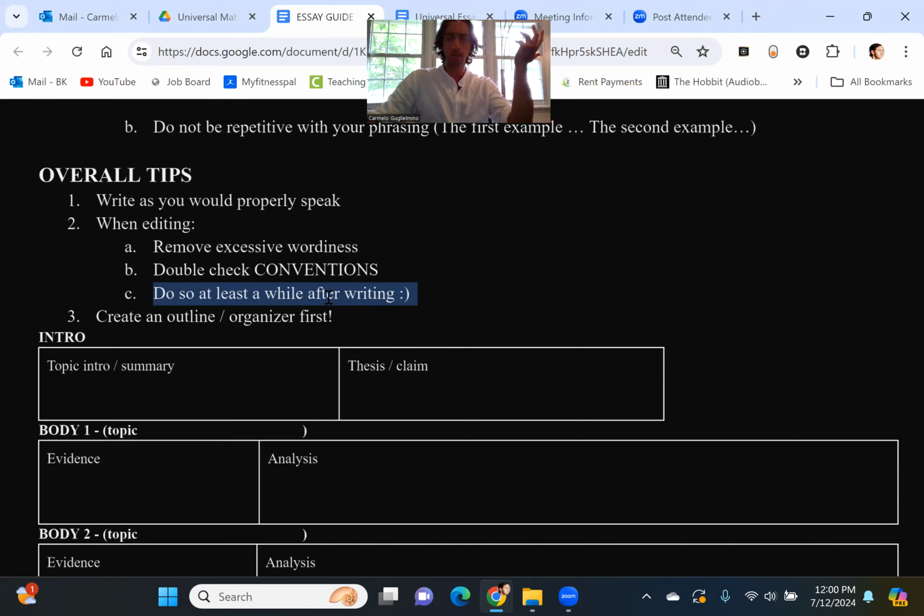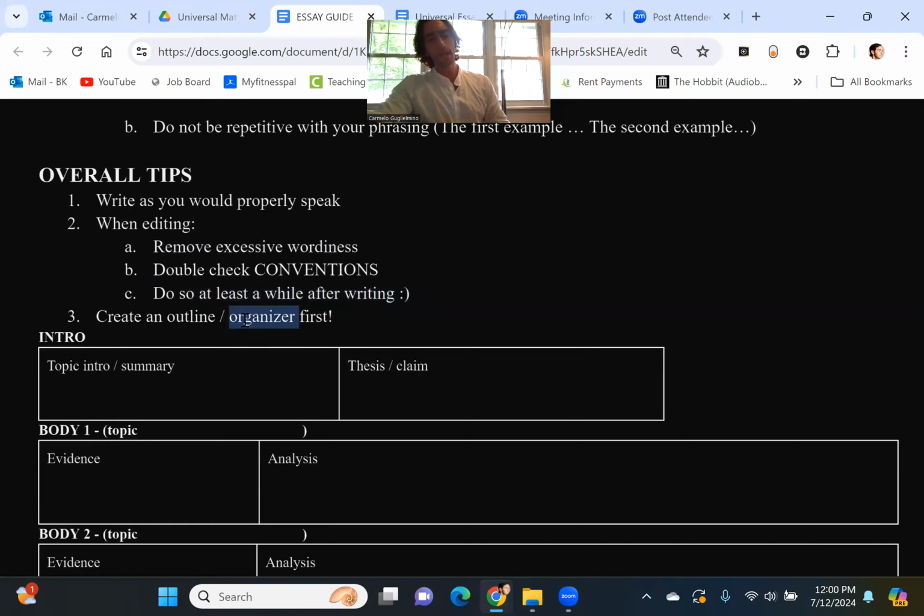Because for some reason, we as human beings really struggle with being able to edit and see the mistakes in our own writing. They just stand out much more overtly to someone who has not seen the writing before. So if we can almost lose our memory of our writing for a bit, go back and actually start to read it, those errors and those awkward moments in our writing will stand out more.